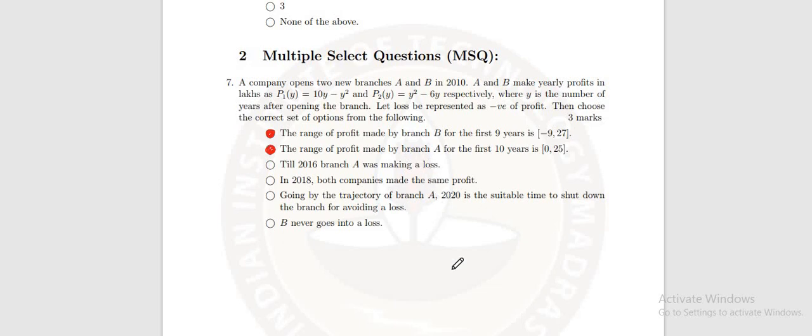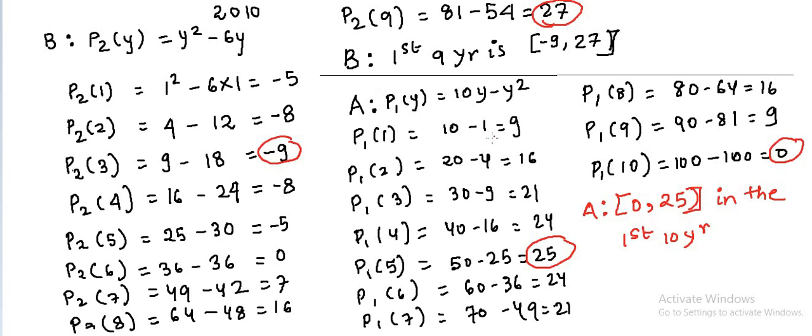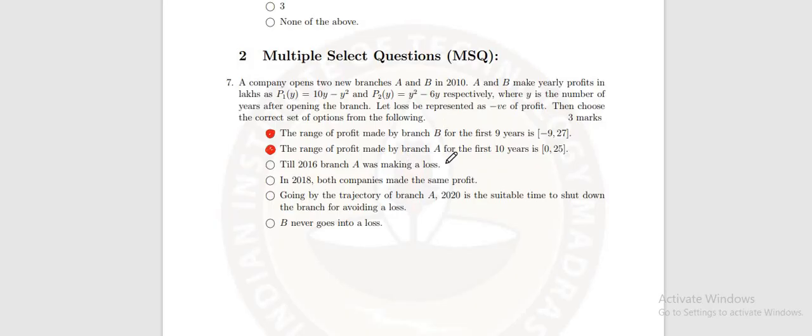But what we observe here is that the P1 value till 2016, or till 6, is positive. So definitely this option is incorrect.